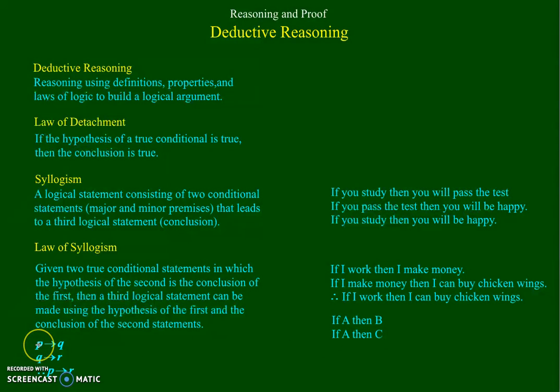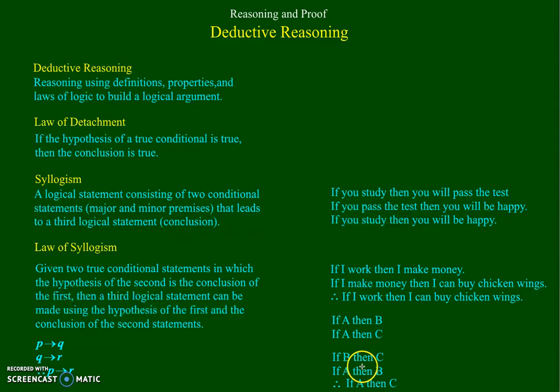Notice the pattern has to be if P then Q, if Q then R. We could have said if Q then R and if P then Q. The issue would have been that we have cross-pollination, if you will, of the conclusion of one being the hypothesis of the other. In this case, that doesn't happen, so the law of syllogism does not apply in this situation.